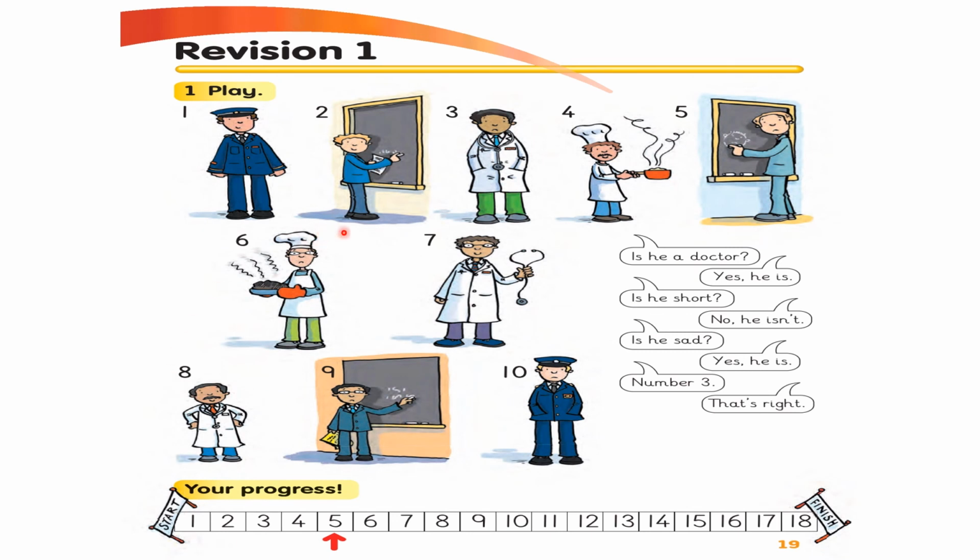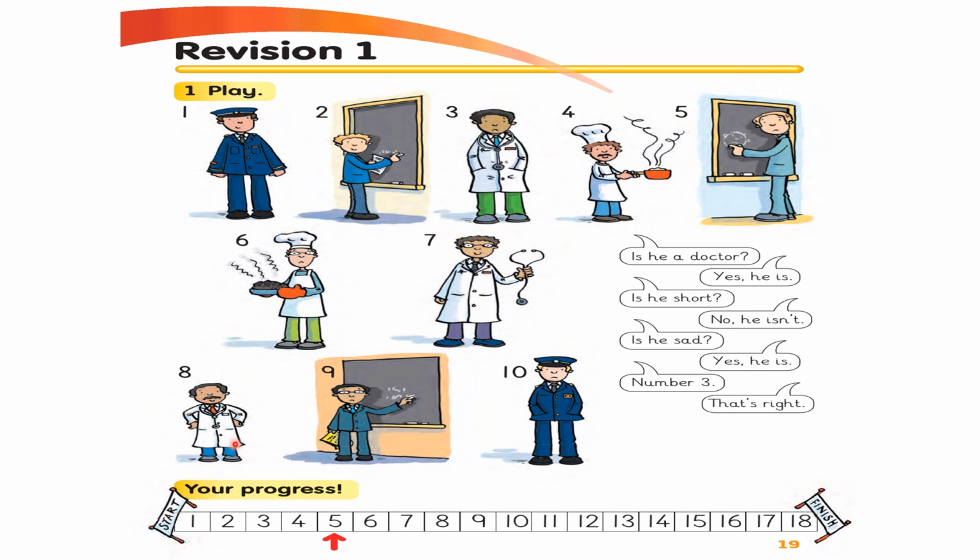Good. Now let's review it. We have this. Here we talk about one of them and we don't know which one it is. Look, is he a doctor? Yes, he is. Okay, because he said a doctor, so we are going to look at number 3 is a doctor, number 7 is a doctor, and number 8 is a doctor.